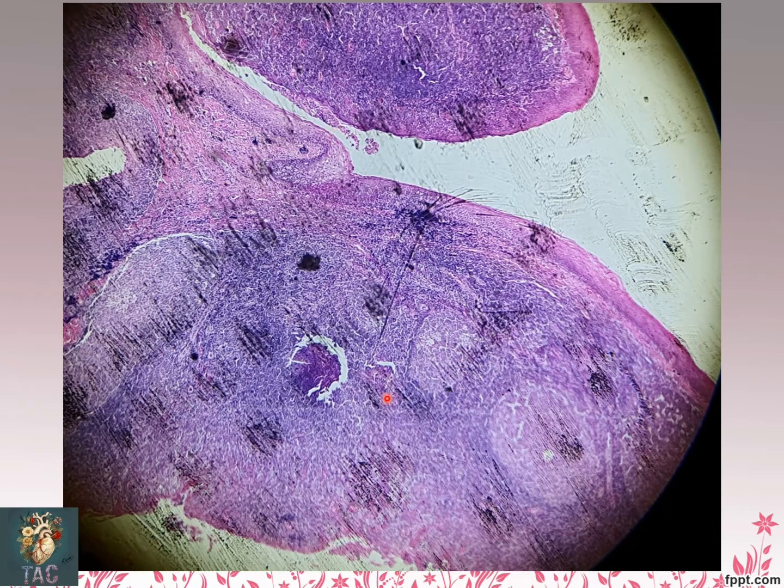Third point, you should know that a large number of lymphoid follicles are present, either secondary follicles or primary follicles, present in the tissue. So these two points, first epithelium, second large number of follicles, help you to identify the slide. The follicles give you a clue that this is a slide from some lymphoid organ, and the epithelium and the crypta magna help you to identify that this is the palatine tonsil.